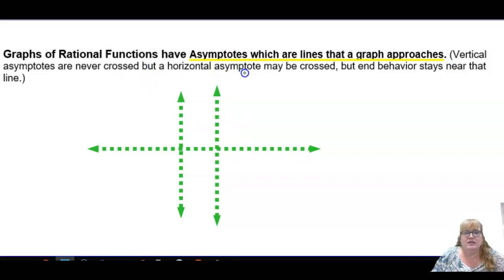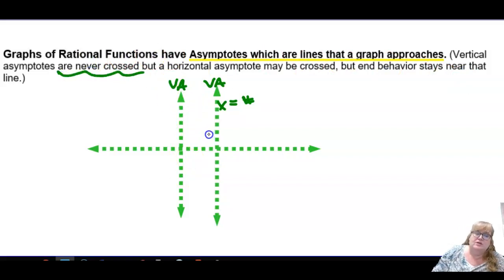Graphs of rational functions have asymptotes. Now you need to remember that those are lines that the graph stays very close to eventually, okay? If you have a vertical asymptote like these going up and down, their equation will be x equals some number, and the graph will never touch or cross those, okay? Vertical asymptotes are never crossed.